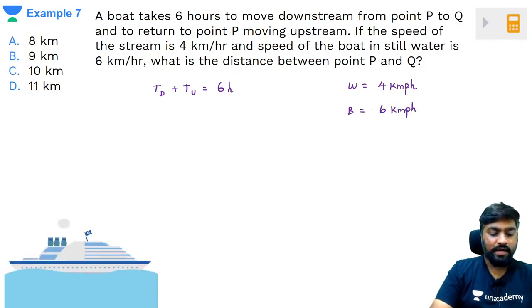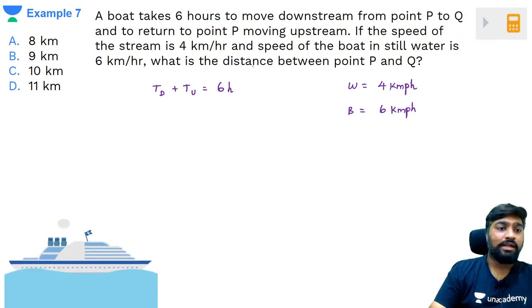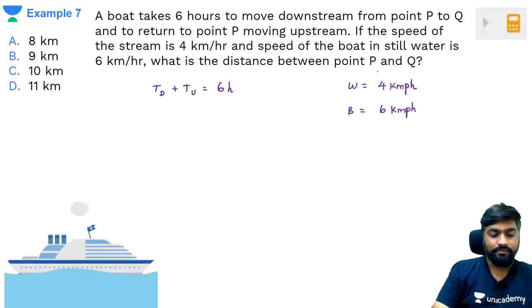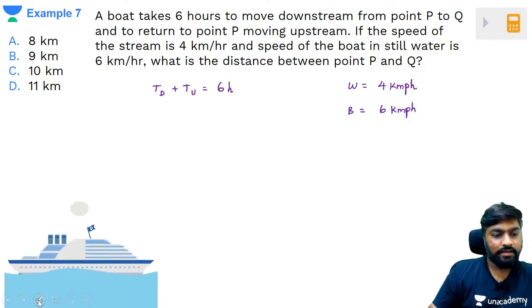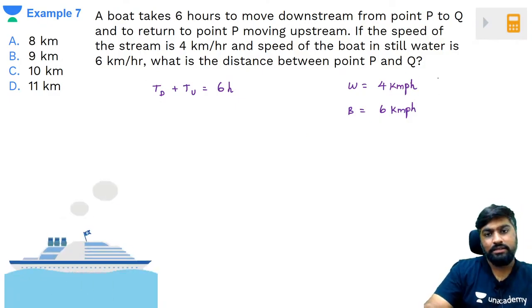What do they want us to find out? They want us to find out the distance between point P and Q. Yes, so what do we do here? We all know this, right? Time is nothing but distance upon speed.